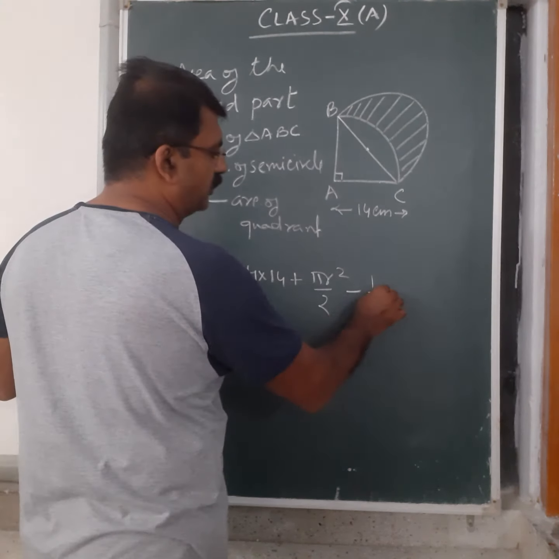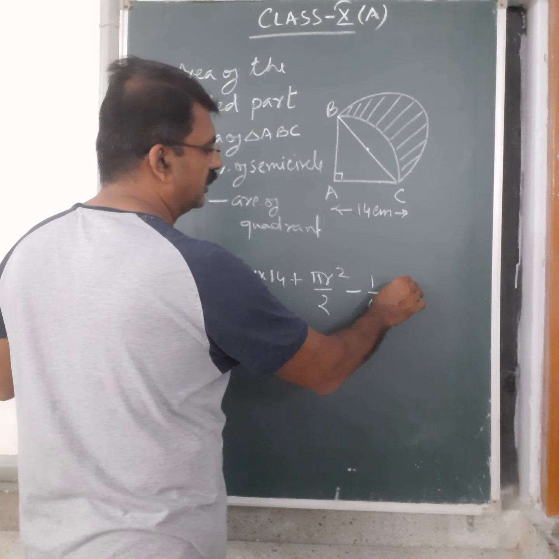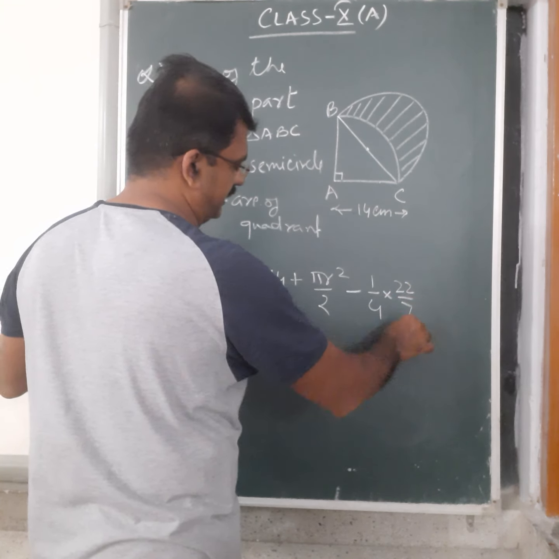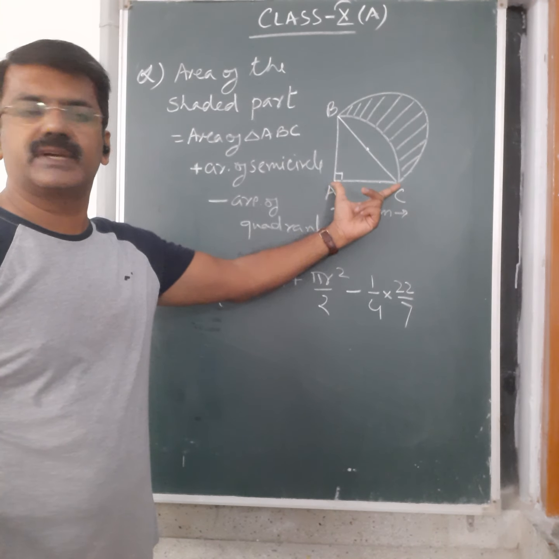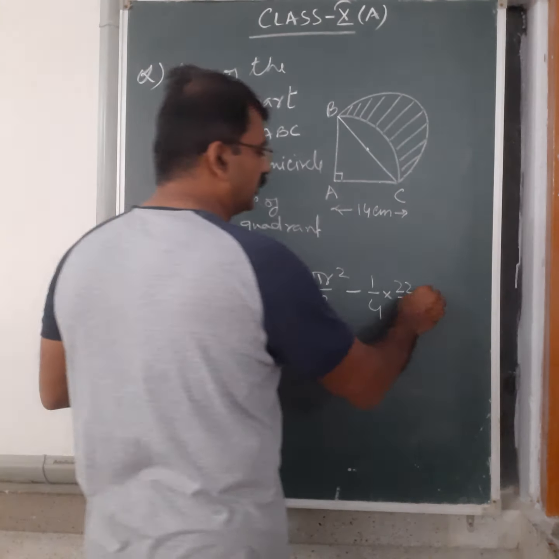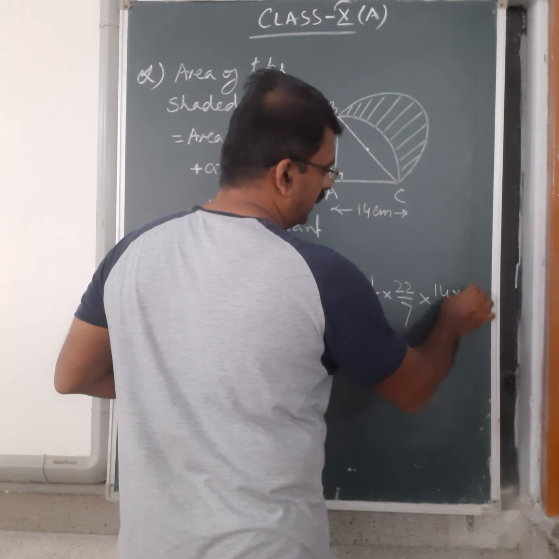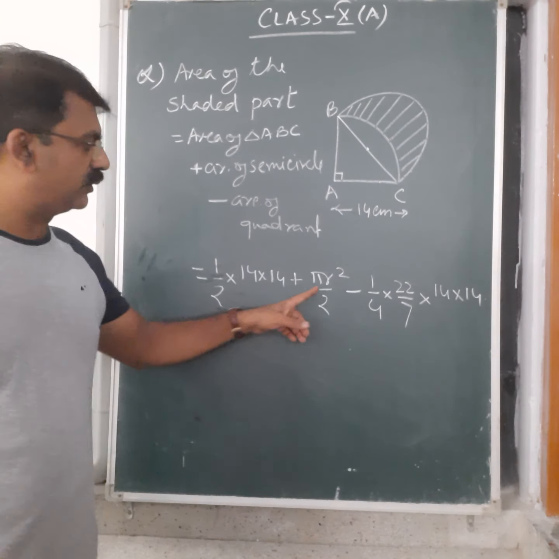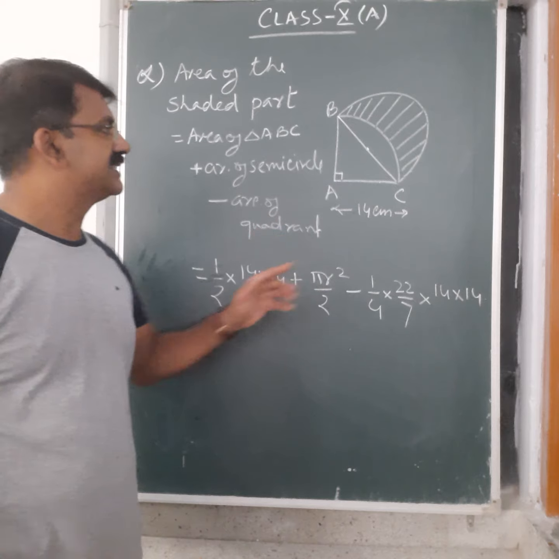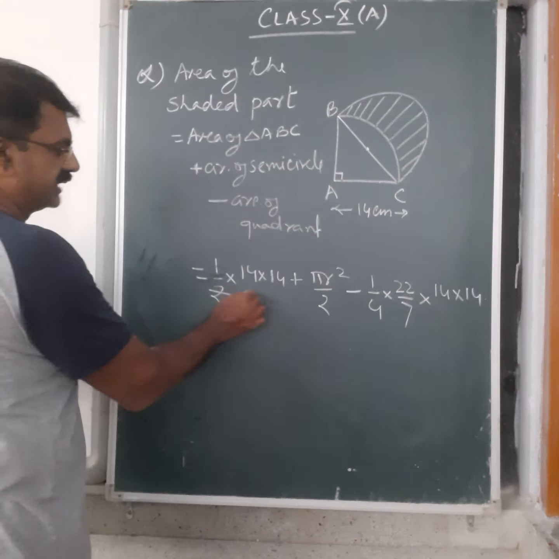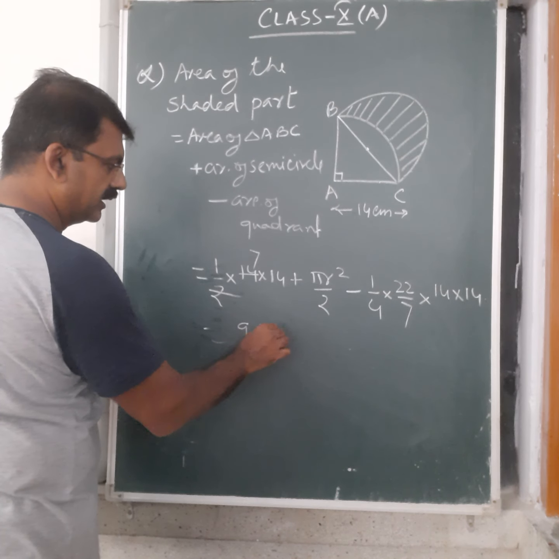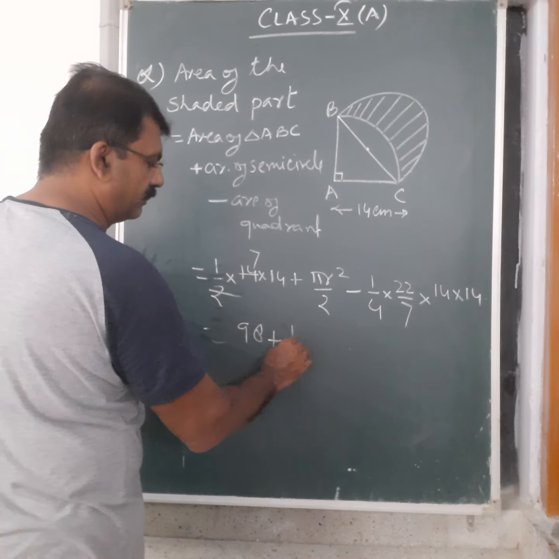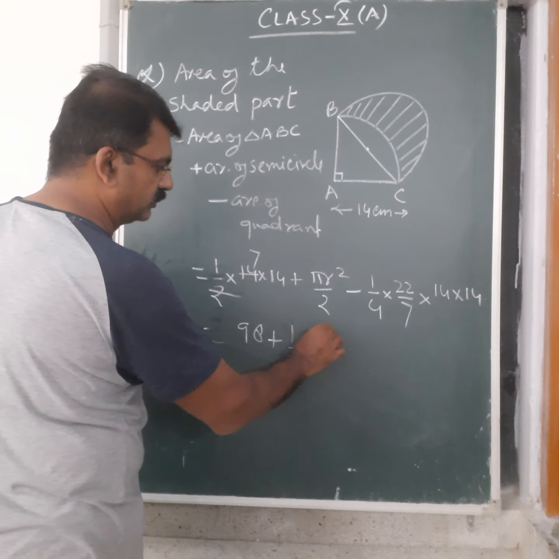So 1 upon 4 into 22 by 7, that is pi, and the radius of the quadrant is 14, so into 14 into 14. Now we only have to put the radius of the semicircle. We cancel it by 2, so 98 plus 1 upon 2 into 22 by 7.